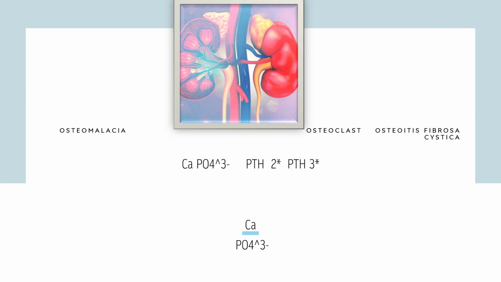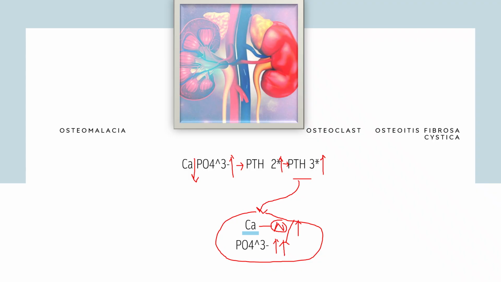So here let's see the more detailed scenario. Here you can see, as in the previous slide, calcium is reduced, phosphate is high, and this will result in secondary hyperparathyroidism, and this will lead to tertiary hyperparathyroidism, because the parathyroid gland is enlarged, and it will try to compensate the calcium level.